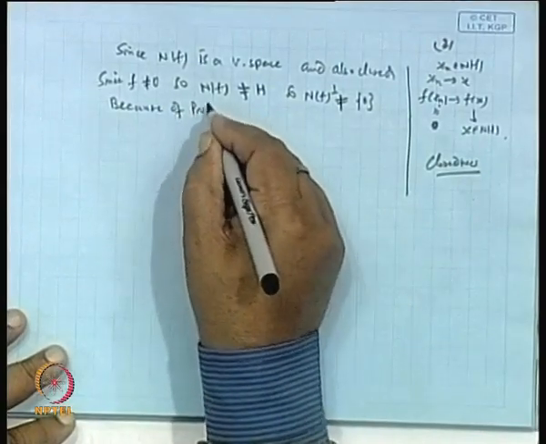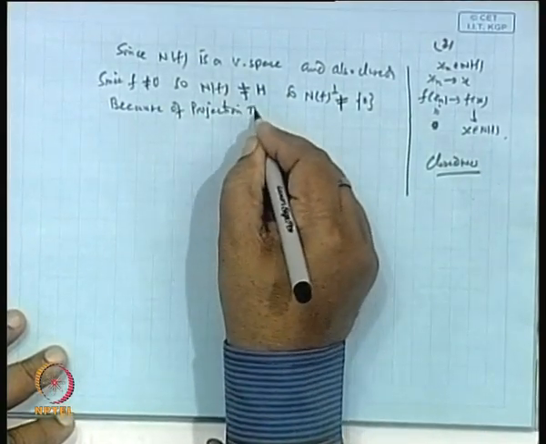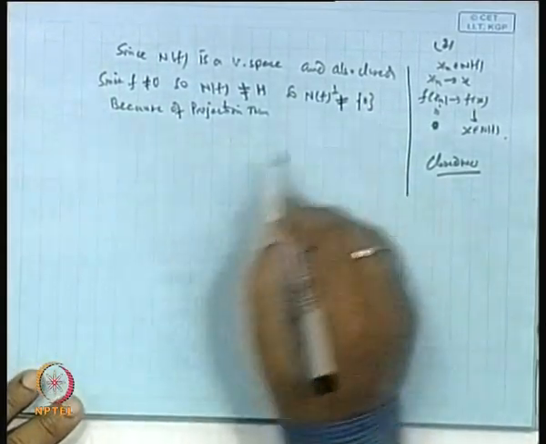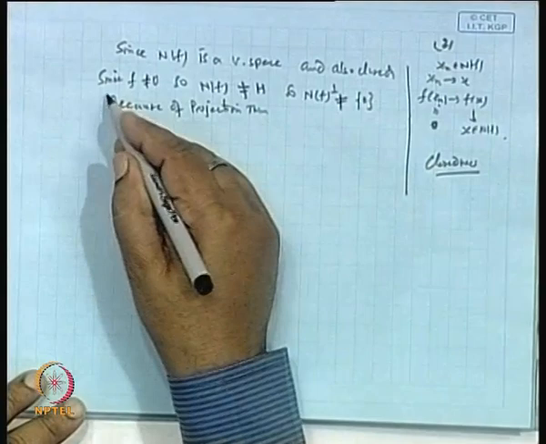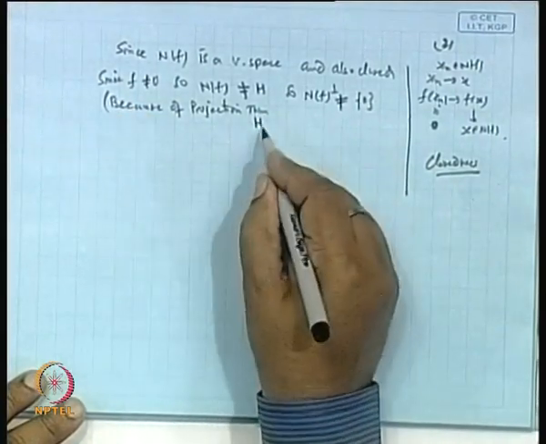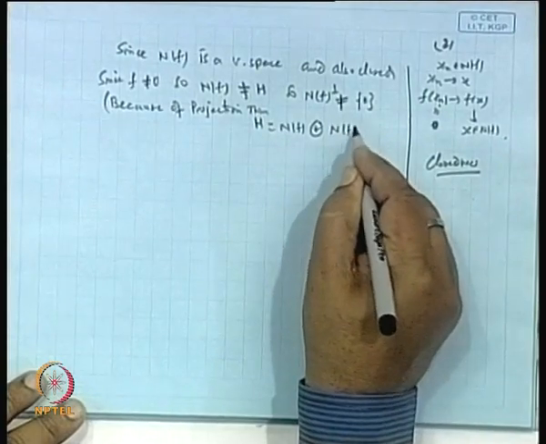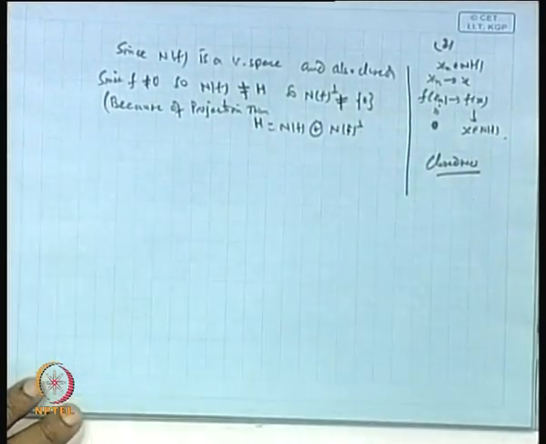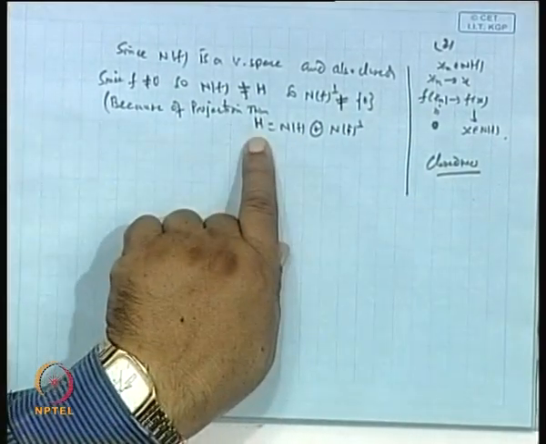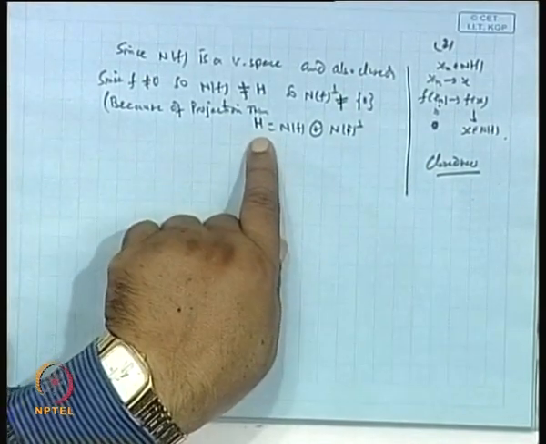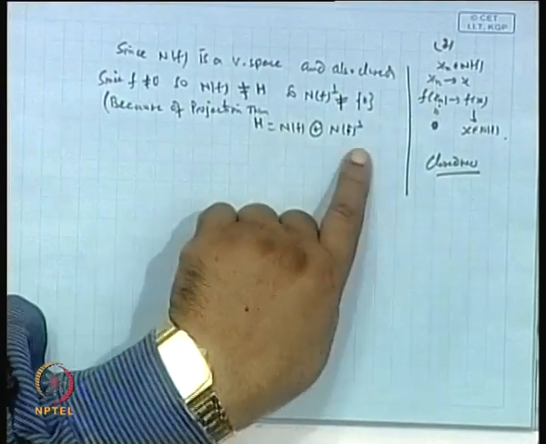Because of the projection theorem, is it not? The reason is that if we take H a Hilbert space, it can be expressed as a direct sum of N_f and N_f orthogonal. Now, N_f is not equal to H, clear. It means every element of H is uniquely represented by the sum of these two.